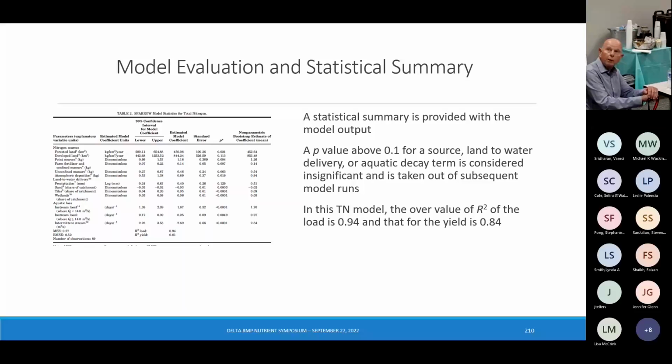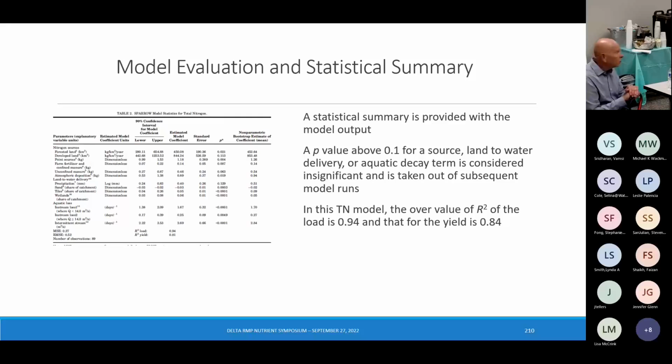So a p-value above 0.1 for a source, land to water delivery, or aquatic decay term is considered insignificant and is taken out of subsequent model runs. So this was from our 2002 models. We also did an R-square of the overall load, which in this case was 0.994, pretty good, and R-square for the yield, which was 0.84.